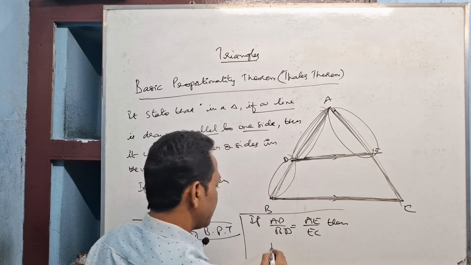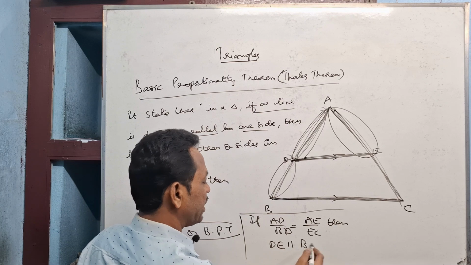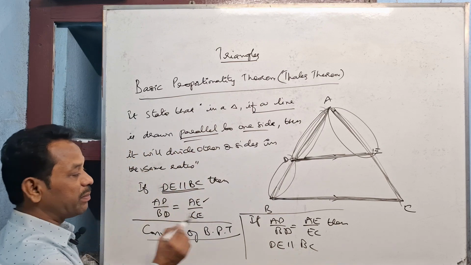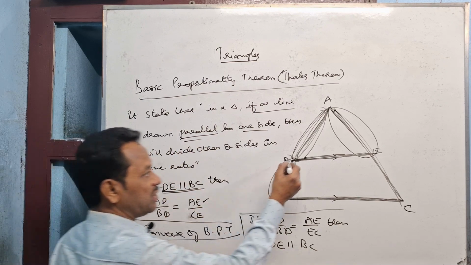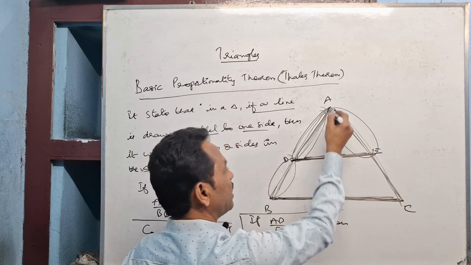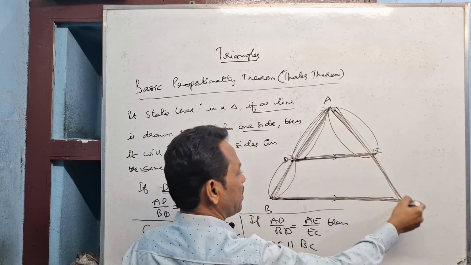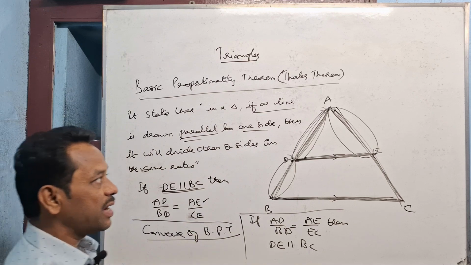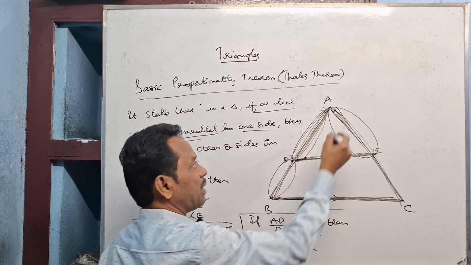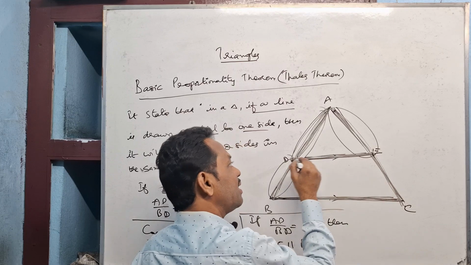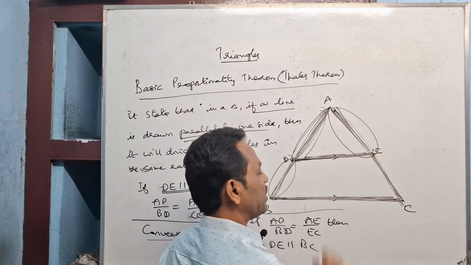So then I can say DE parallel to BC. So our BPT is if DE parallel to BC, then AD by BD equal to AE by EC. Whereas the converse says that if AD by BD equal to AE by EC, then DE parallel to BC.